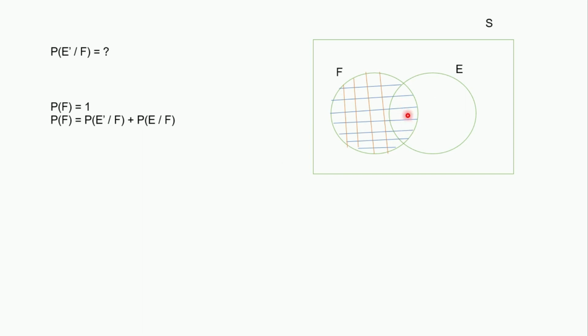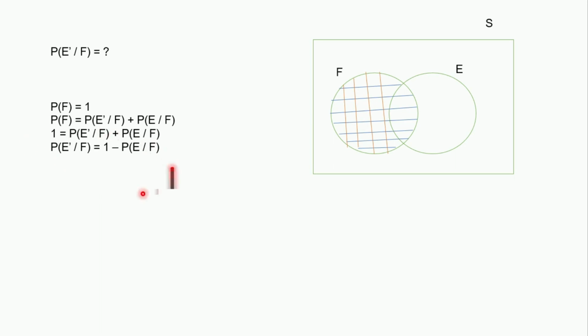When we union this part and this entire part, then we get the entire F part. That's why we are writing like this. Plus means basically union, and we already know probability of F equals 1, so we substituted it and we got this one. Means probability of event E not happening given that F already happened equals 1 minus probability of E happening given that F already happened.